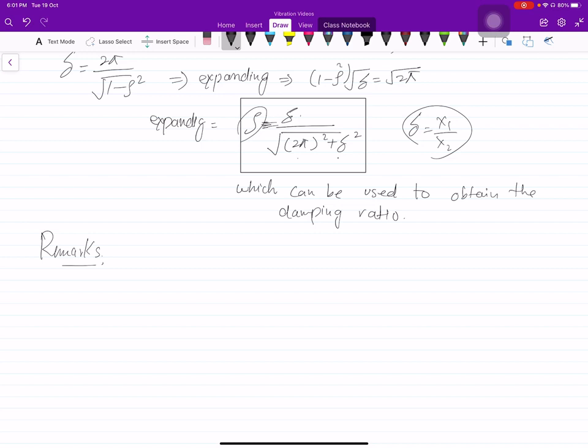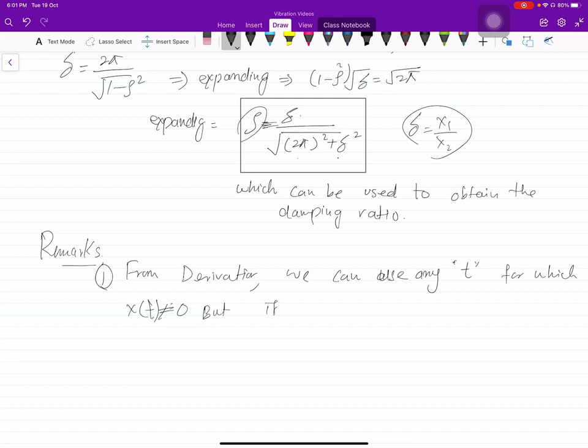Just for one or two minutes. From the derivation, we can use any time t, for which t shouldn't be equal to 0. But it's easier to use the peak one.